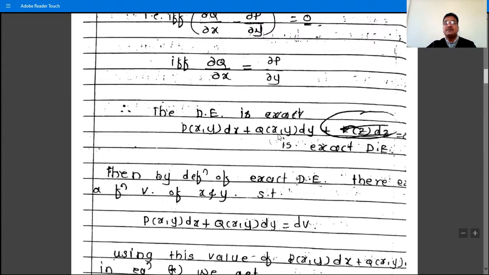When the derivative of the coefficient of dx with respect to y, that is ∂p/∂y, and the derivative of the coefficient of dy with respect to x, that is ∂q/∂x, are both the same, then the given differential equation is exact.